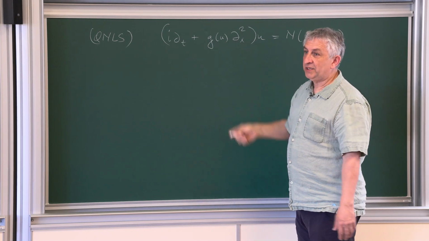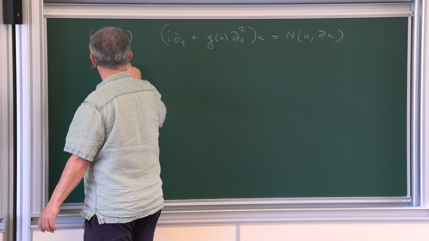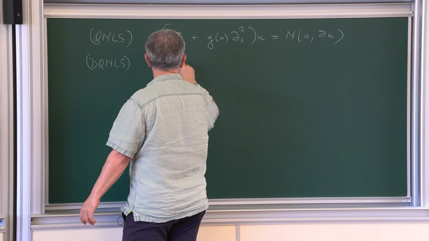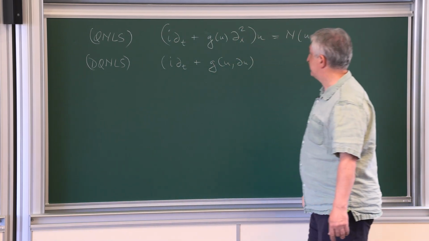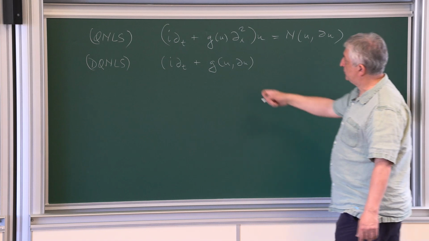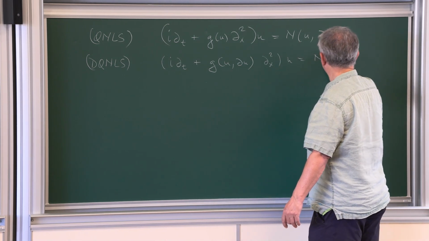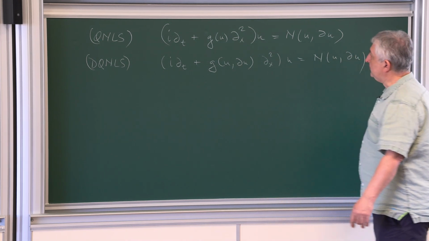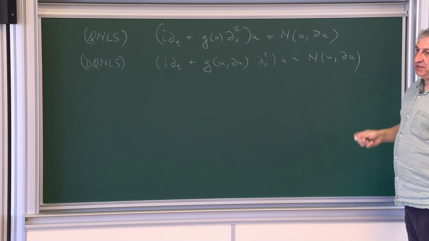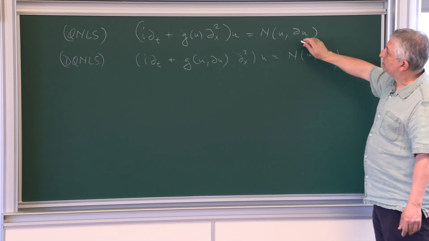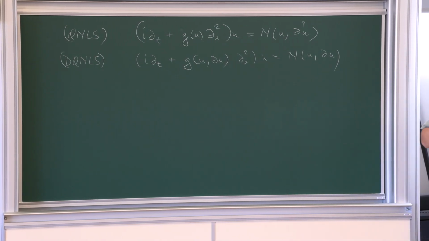And if you want to make the problem a little bit more complicated, you can also look at DQNLS, where you do the same, but now you allow the metric to depend both on the solution and its derivatives. Here you might say there's no change concerning the nonlinearity, but in order to have a good scaling, you want to assume that you're at most quadratic in the derivative of u.